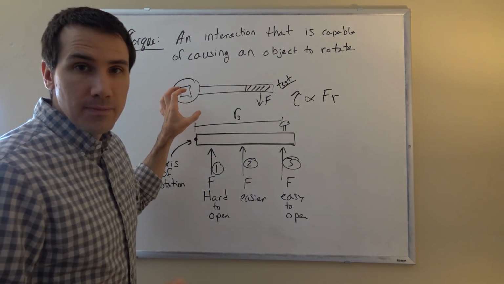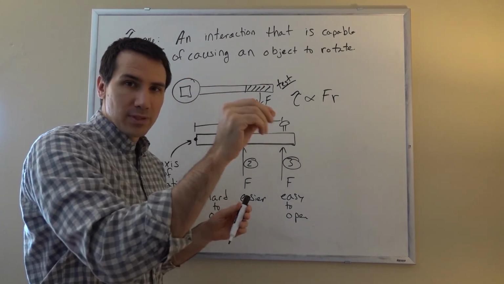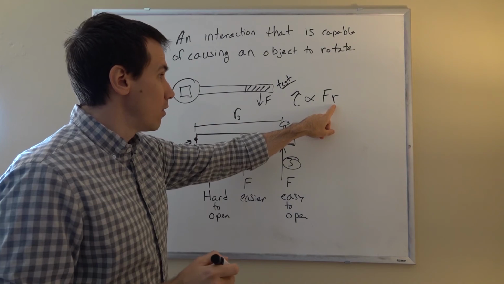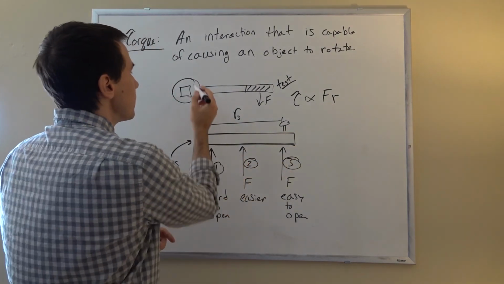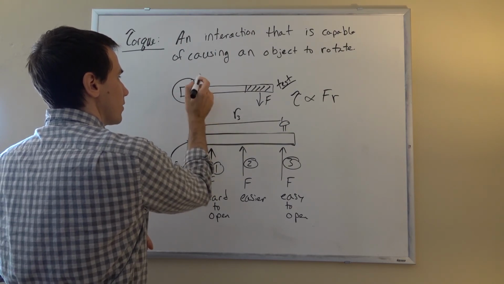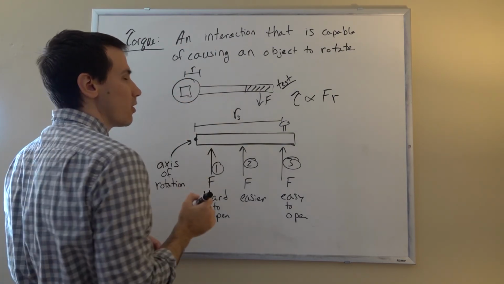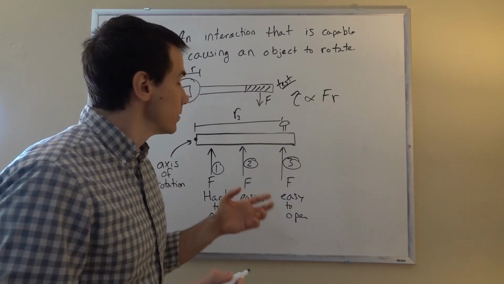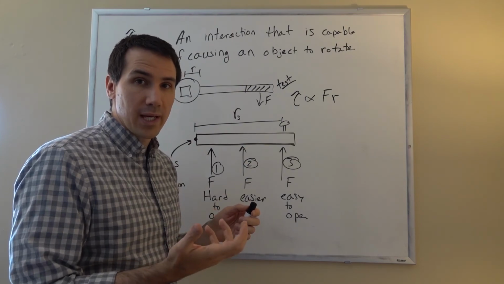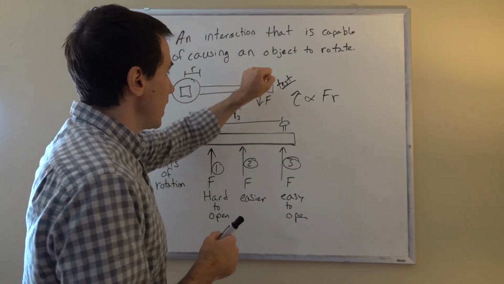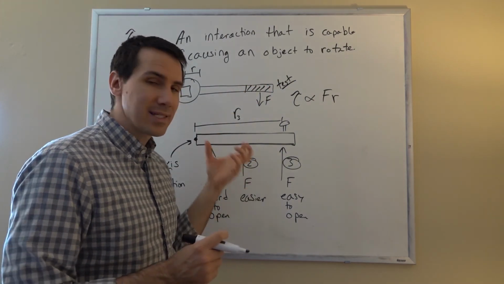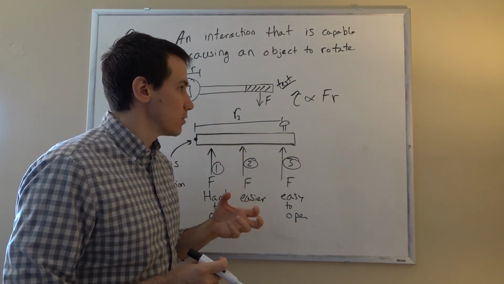That's because if you tried to grab the bolt directly, right, you would have a very, very small R. If I tried to grab it, say I grabbed the handle here, I would have a very small R. It would be difficult to get my bolt to rotate, right? But if I grab out here, I have a much larger R, easier to rotate. Exactly the same principle as the door.